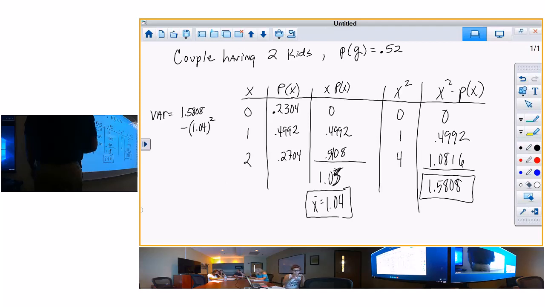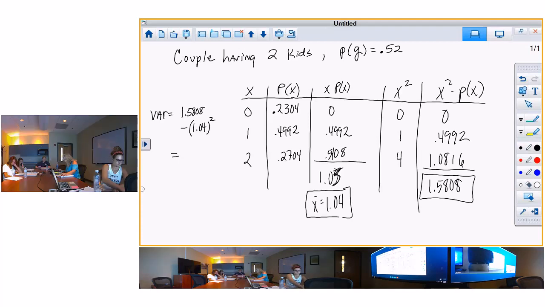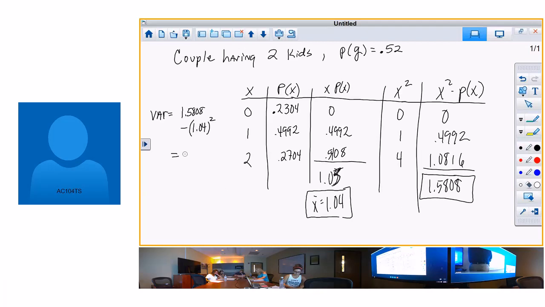What does it come out to be? I may be way wrong. Somebody do it for me. What do you get doing the 1.04 squared? So the whole thing comes out to be what?